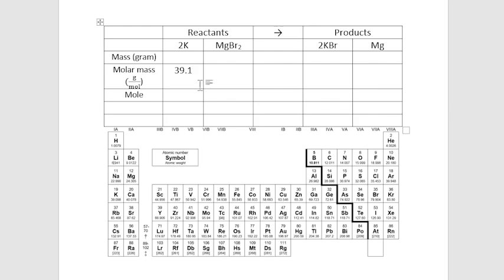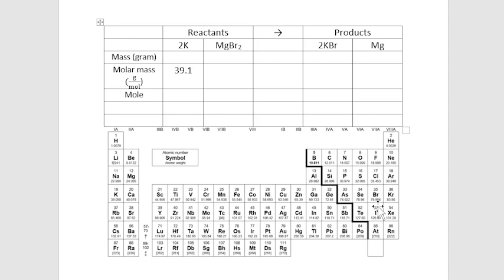Magnesium bromide. Magnesium would be found right here as I point my arrow, and that is 24.3. We could use either 2 decimal points or 1 decimal point. So we've got magnesium, and now bromine, Br, would be found over on the right-hand side of the periodic table, right here at 79.9.